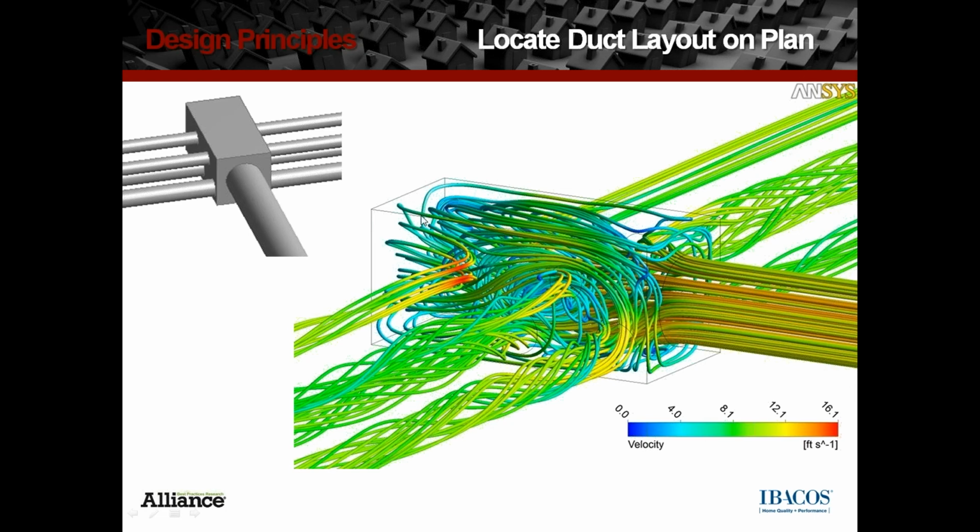So in the colored model here, you can see how supply air is coming in, hitting this kind of back pressure pillow here, and then making its way out.